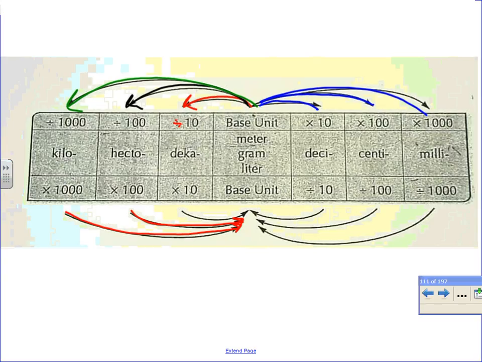Annalise, you had your hand up. Did you have a question? Okay, I just want you guys to understand how to read this for now. We're going to do some problems with it probably tomorrow as a warm-up, or I'll throw them in somewhere.